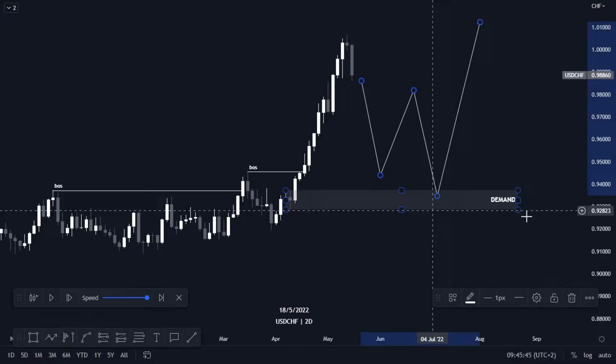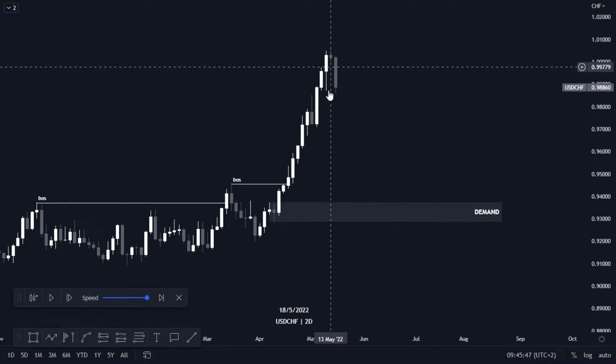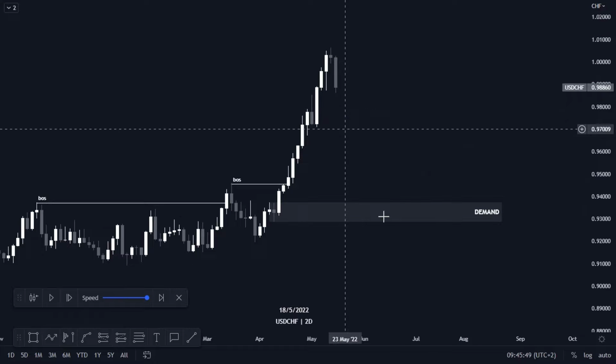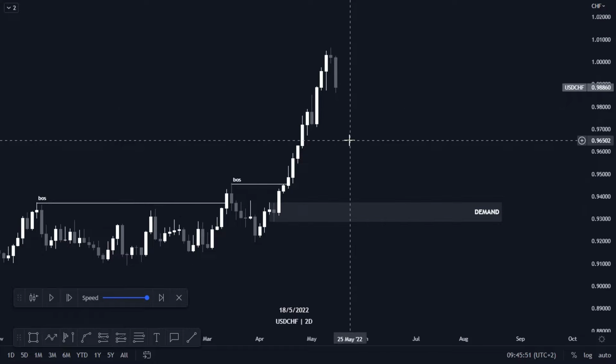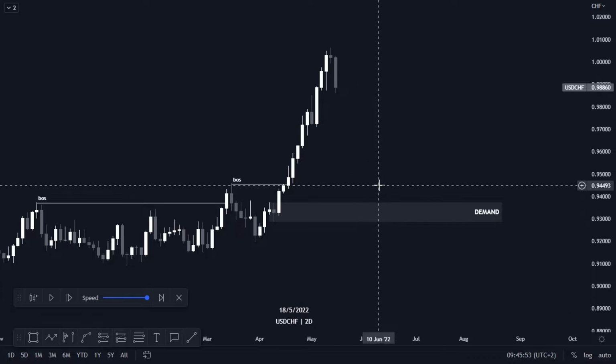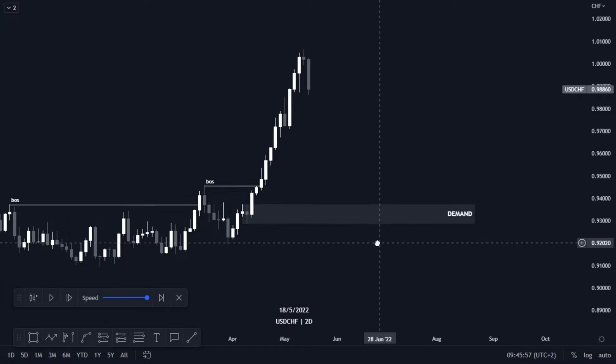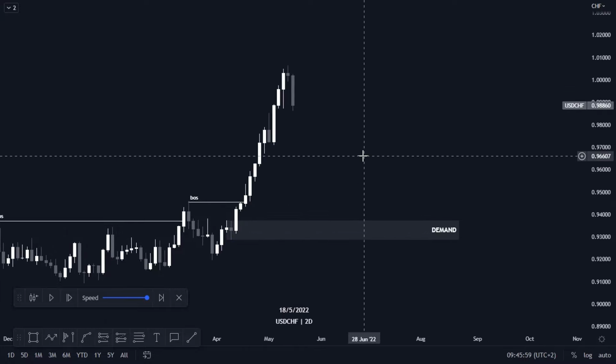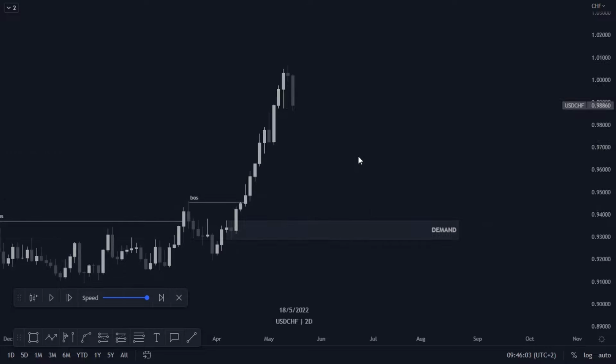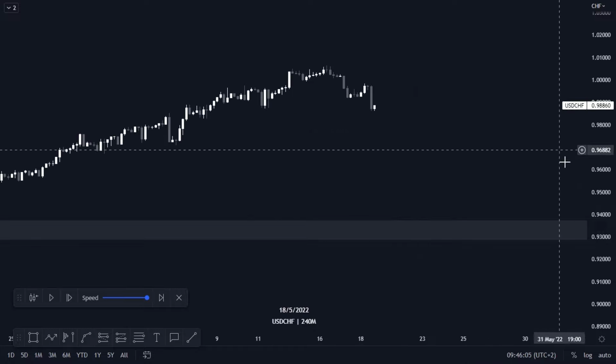Okay, now let's see how we can trade this area to the downside, because it's going to take weeks and days for price to push to the downside and tap into our demand area. So now let's move to the H4 chart and see what we have there.